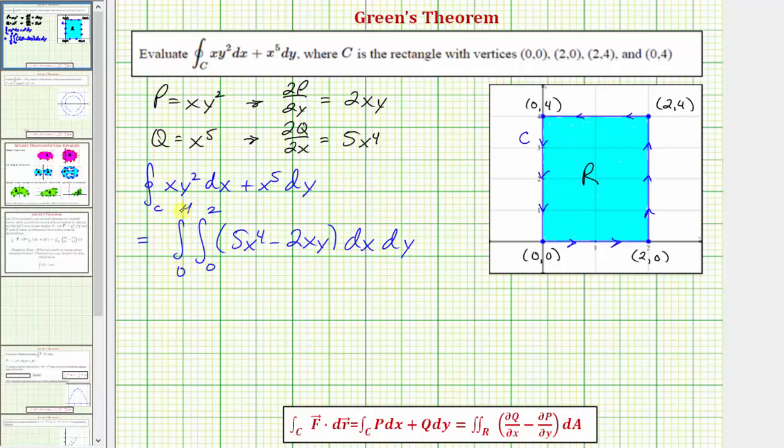And now we integrate with respect to x first. So the antiderivative would be 5 times x to the fifth divided by 5 minus 2y times x squared divided by 2. Let's go ahead and simplify the antiderivative. So we'd have x to the fifth minus x squared y.